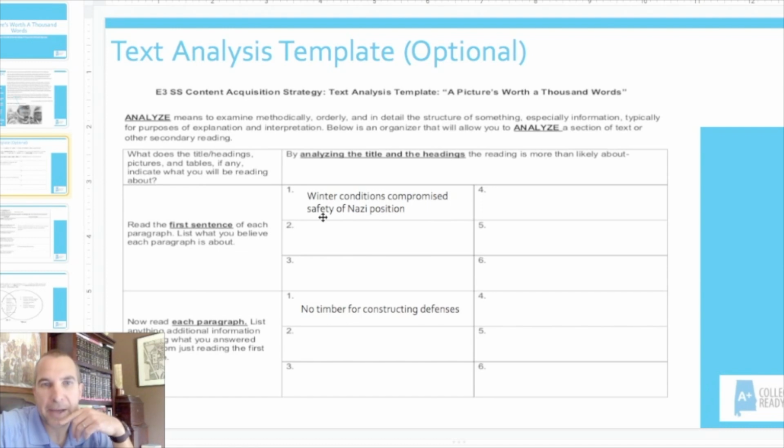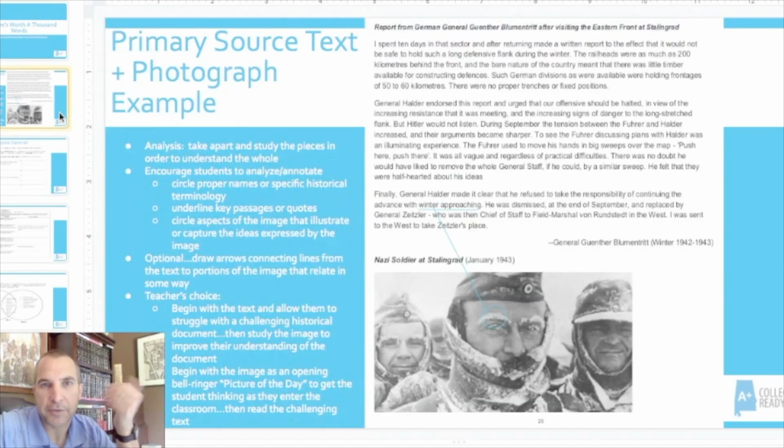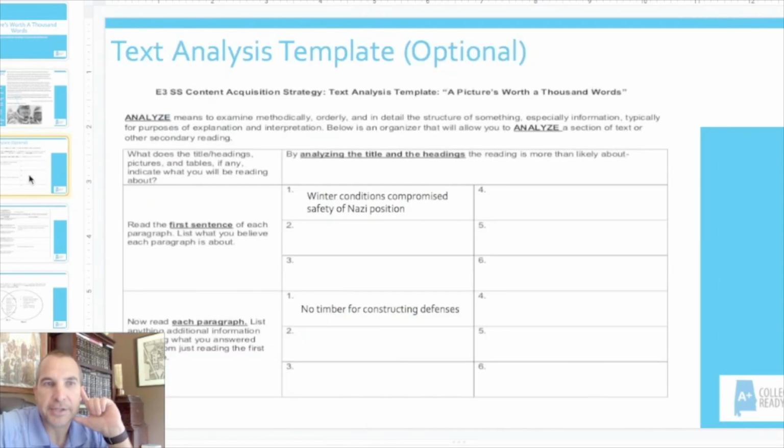If I look back at the first sentence of the text from a few moments ago, I would probably, as a student, read that first sentence and come up with winter conditions compromised the safety of the Nazi position, or the Nazi position was weakened by the winter conditions, something like that. So you would just insert what's that first sentence of each paragraph, what's the topic, and what is it ultimately about. Try to encourage them to put it in their own words instead of just copying the first sentence.